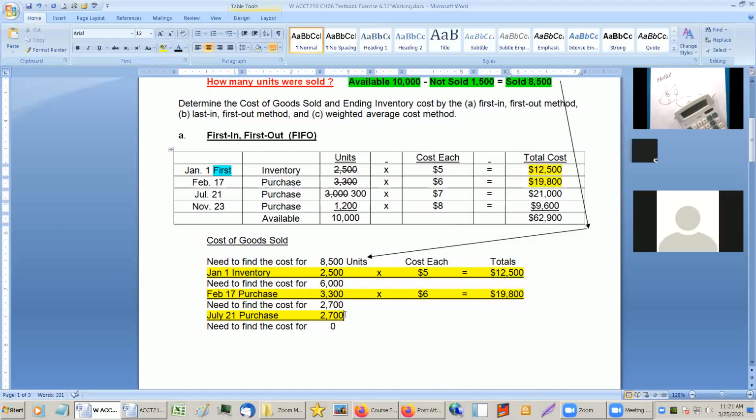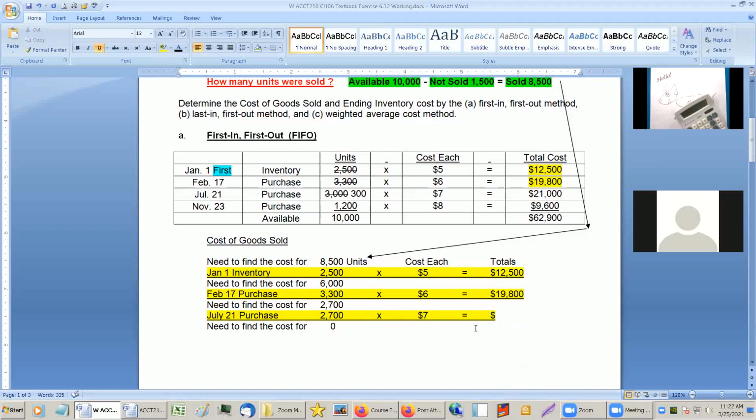Now this one we're going to have to calculate because we didn't take all 3,000. We only took 2,700, so it's not going to be 21,000 here.